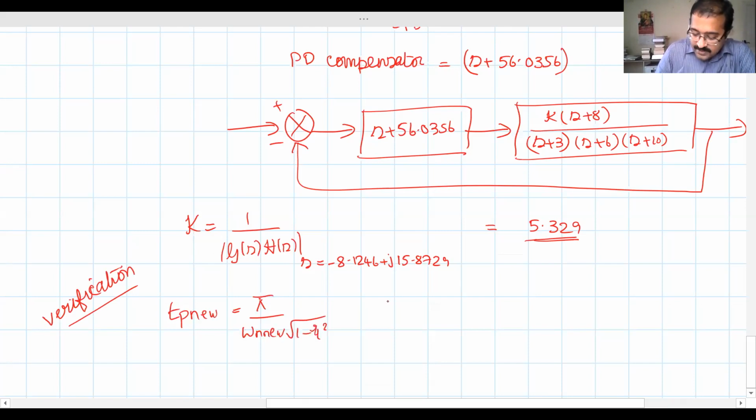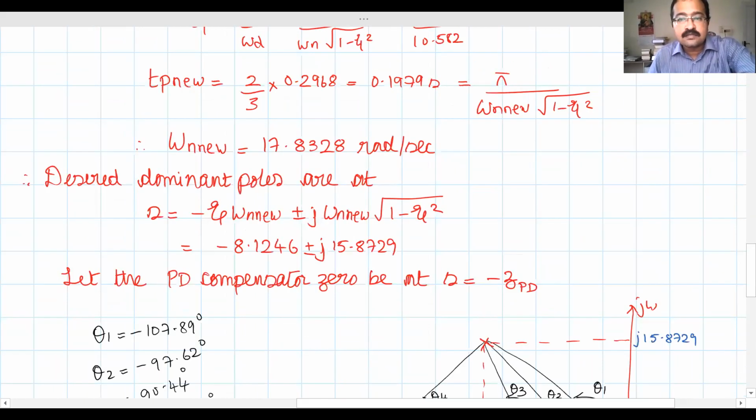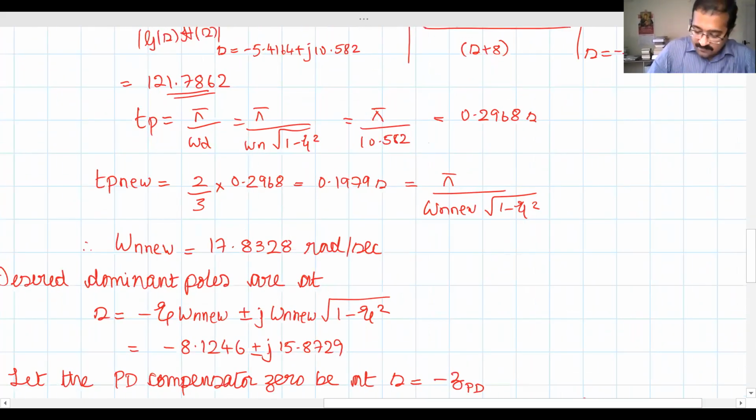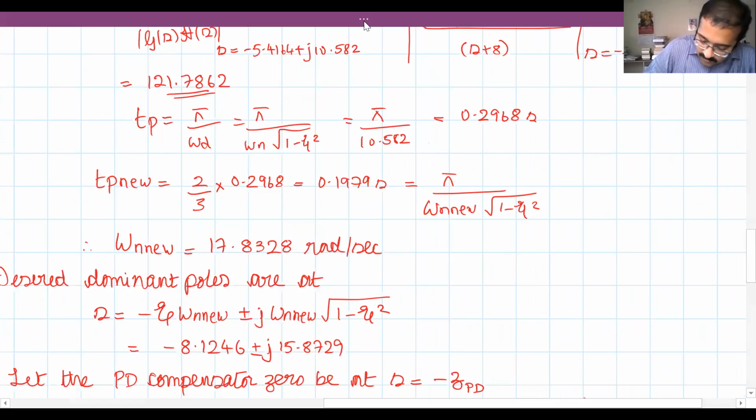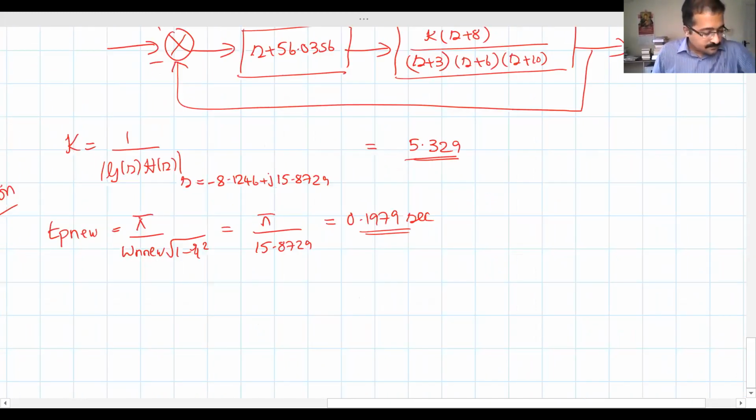That is pi divided by 15.8729, which gives 0.1979 seconds. This was the desired peak time, a 2/3 reduction.